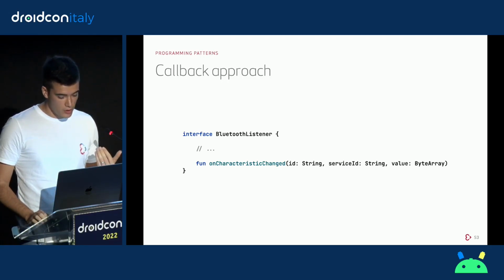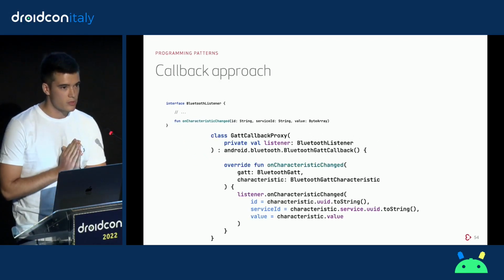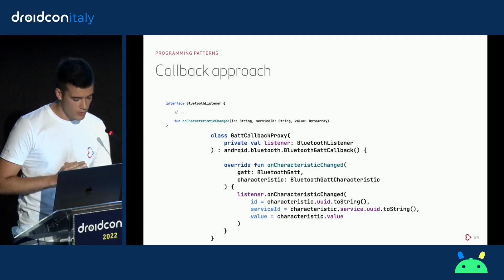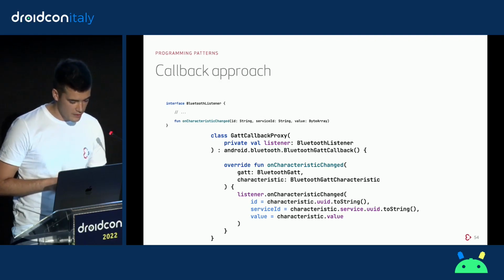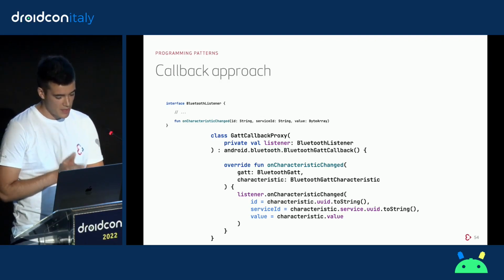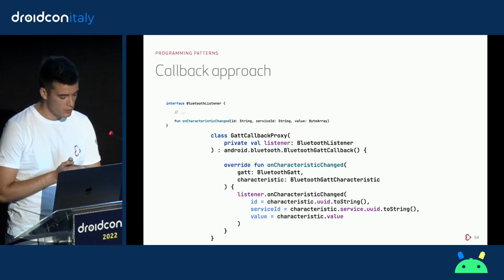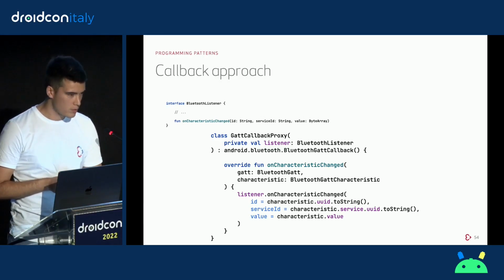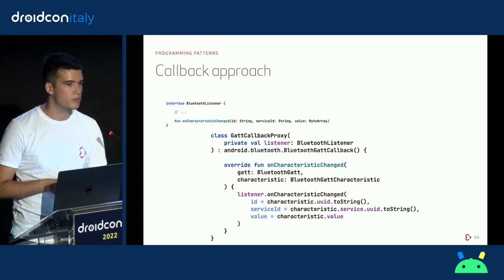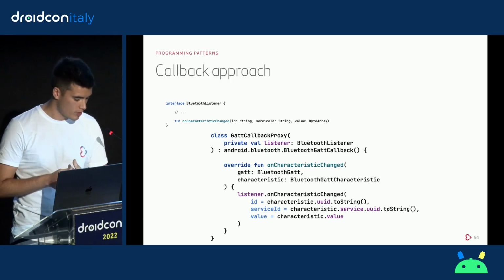To use that listener, you base your implementation on the Bluetooth GATT callback. Here we have the onCharacteristicChange method of the Bluetooth GATT, and we forward the information to the outside world, so to whoever implements that Bluetooth listener.